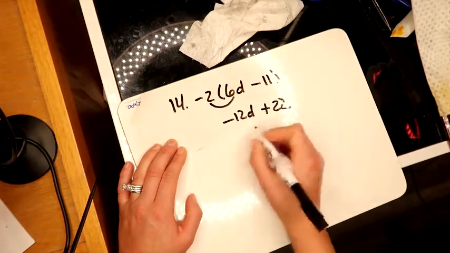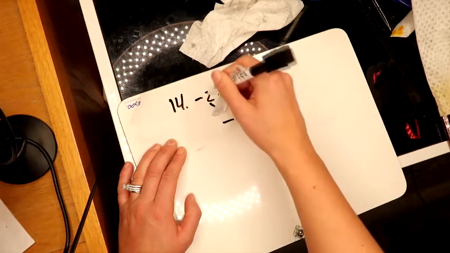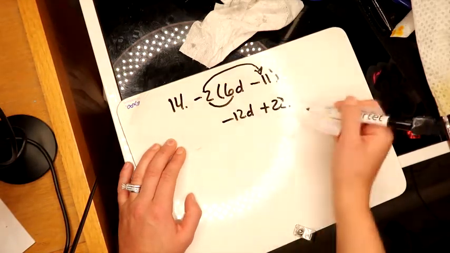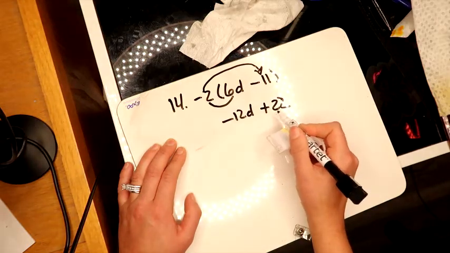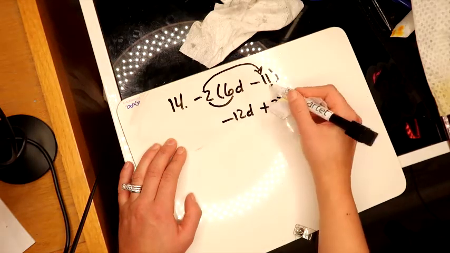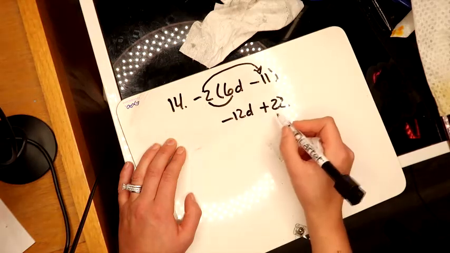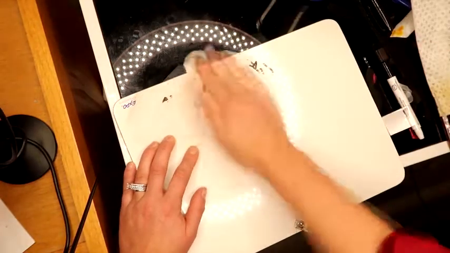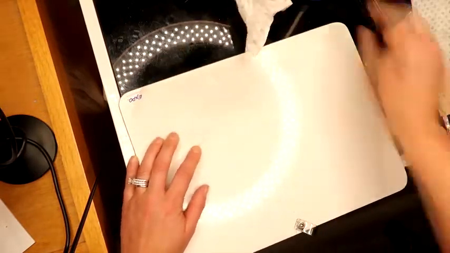I don't know about you, I'm feeling 22, because a negative 11 times a negative 2 gives me a positive 22. Okay, we did it, yay. That's number 14.